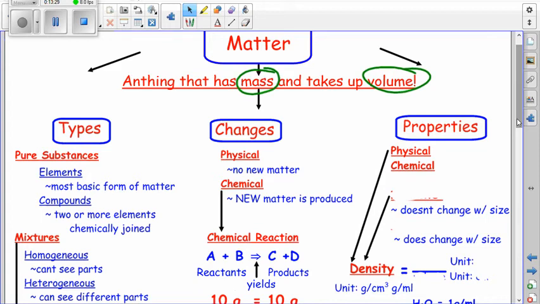It's 3 grams. This is still a cup, okay? As long as you can find that property without changing what it is, it's physical. Now, if I were to be like, I wonder how flammable this cup is. Here's a cup. I set it on fire. Now I have a handful of ash. That's not a cup anymore. That's a chemical property because you have to change what you have to find out the property, okay?